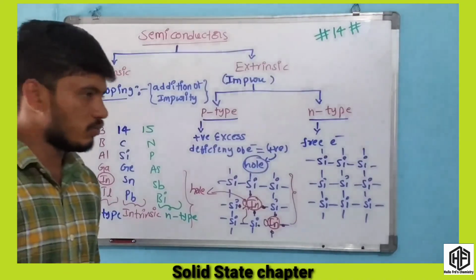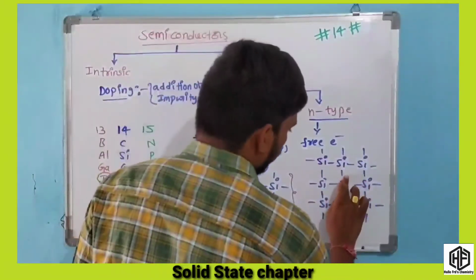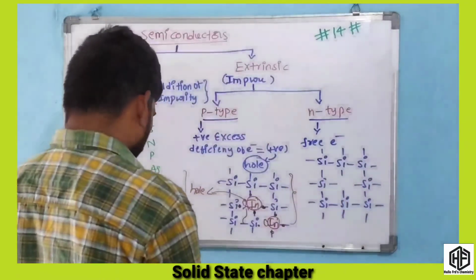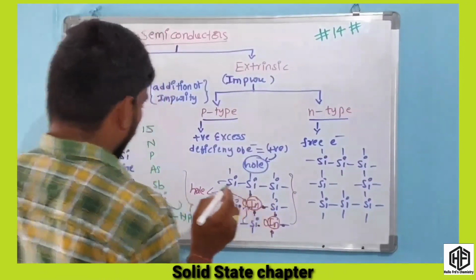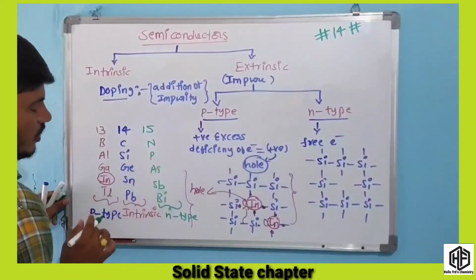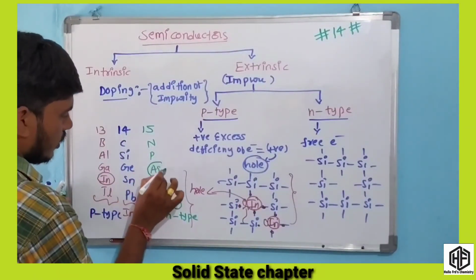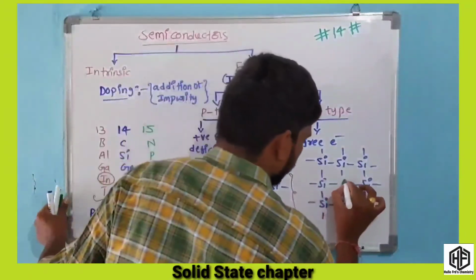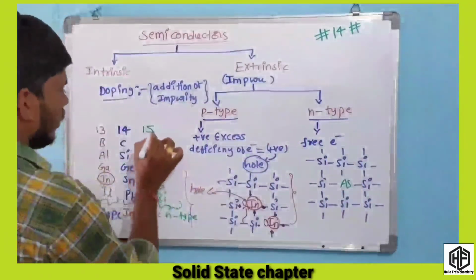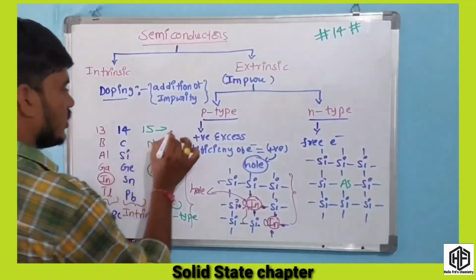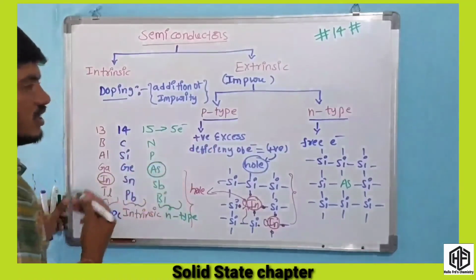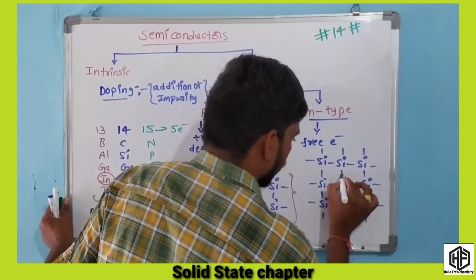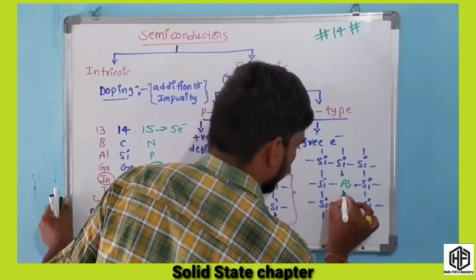N-type semiconductor means one silicon is removed from this crystal lattice and a 15th group element is added. I am representing arsenic added to the crystal lattice like this. This is arsenic. The valency of 15th group elements is 5 electrons. Now one electron is bonded to this silicon, another electron to this one, third, fourth.